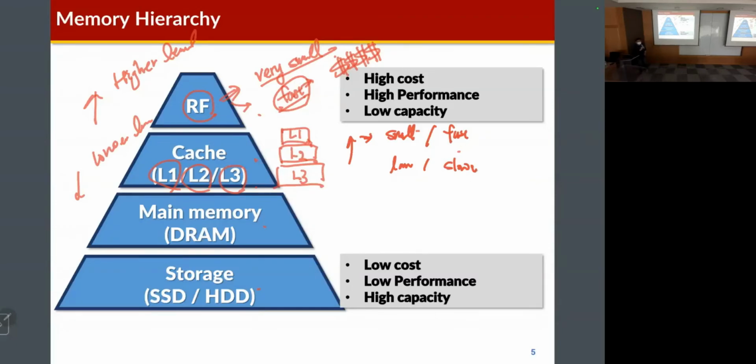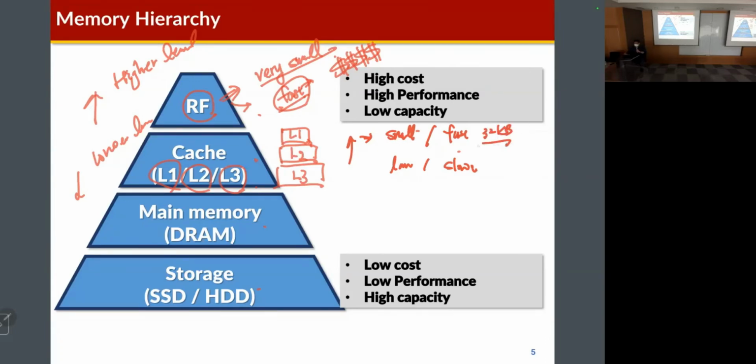If you are interested in some CPU processors, you can read the specifications of the CPUs. Then you can find the sizes of the level 1, level 2, or level 3 caches in Intel or AMD processors. The level 1 cache is around 32 kilobytes.